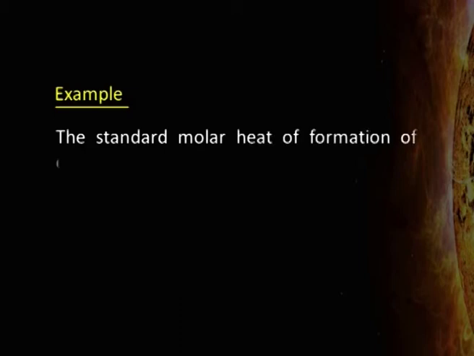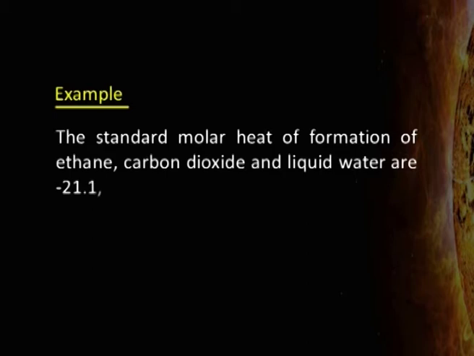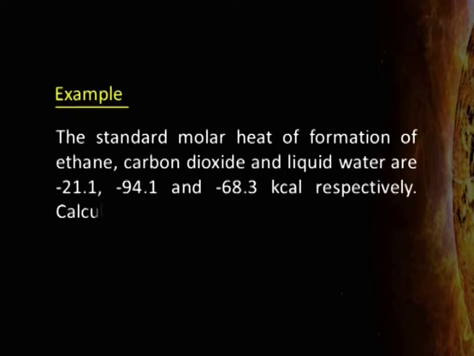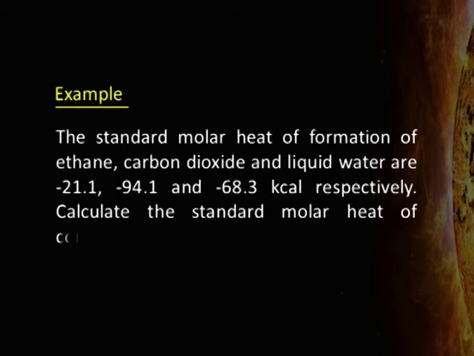Here is an example to correlate heat of formations of the substances and enthalpy of combustion. The standard molar heats of formation of ethane, carbon dioxide and liquid water are minus 21.1, minus 94.1 and minus 68.3 kilocalories respectively. Calculate the standard molar heat of combustion of ethane.